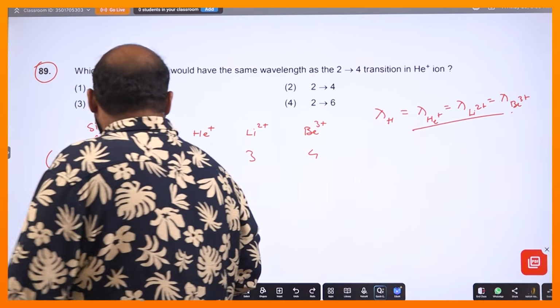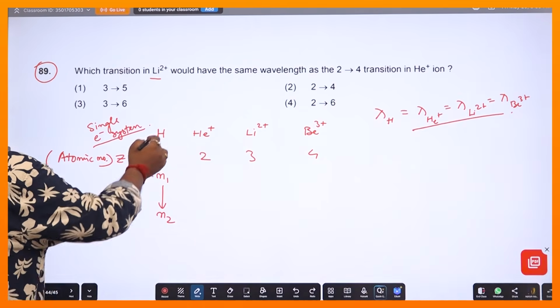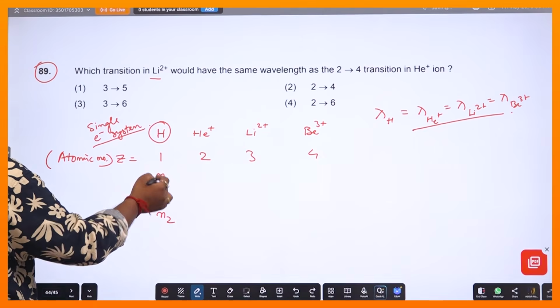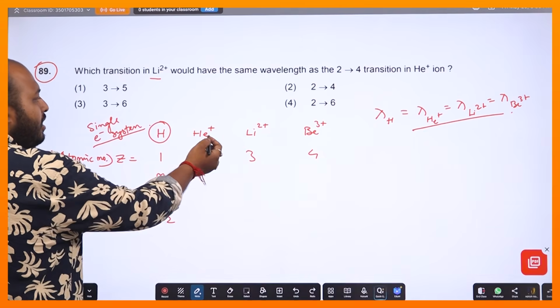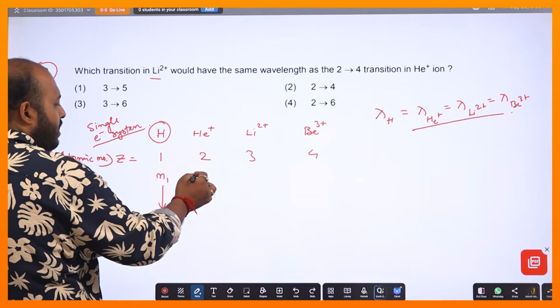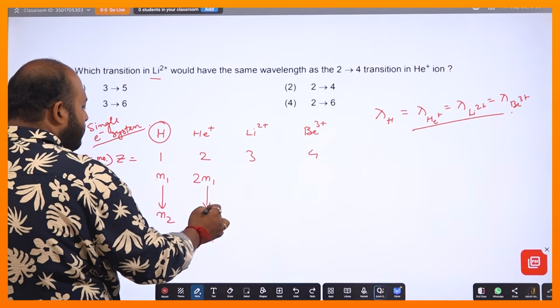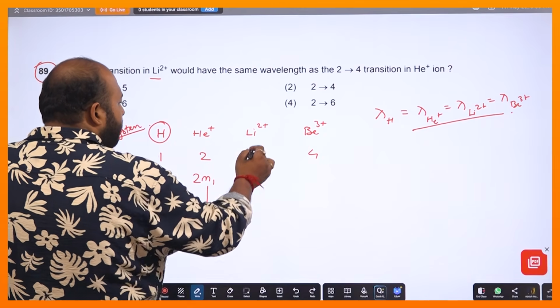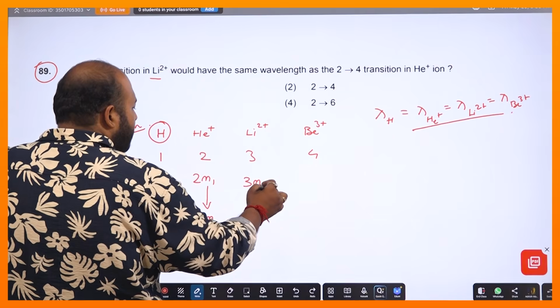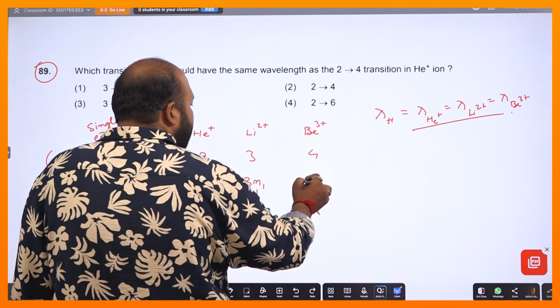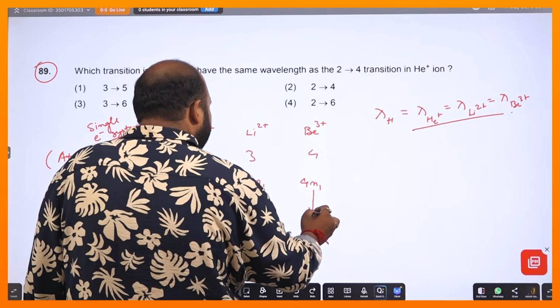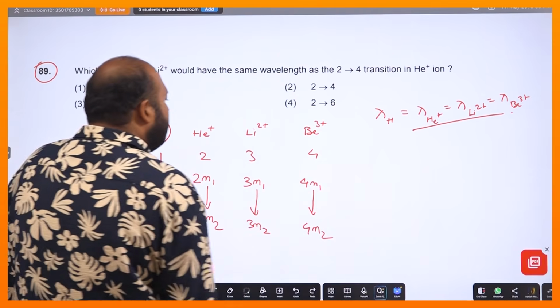So the trick is, for a hydrogen atom it is N1 to N2, simply multiply each transition for helium plus with its atomic number, like 2N1 to 2N2. For lithium it will be 3N1 to 3N2, and for beryllium it will be 4N1 to 4N2.